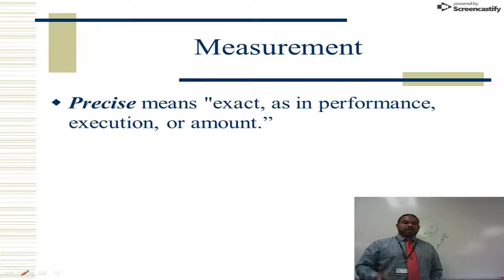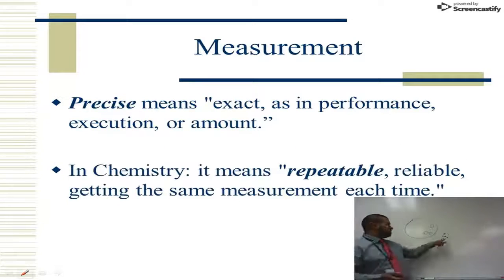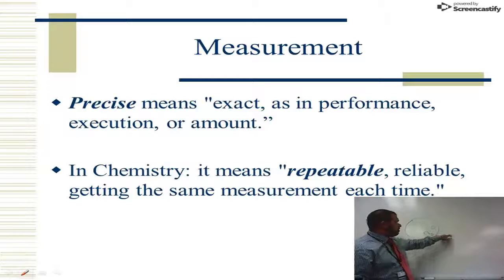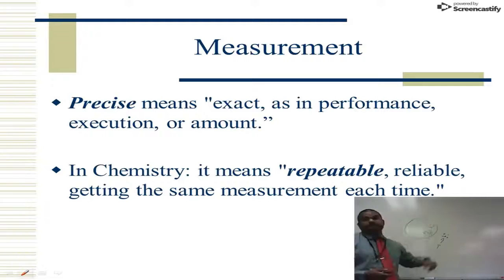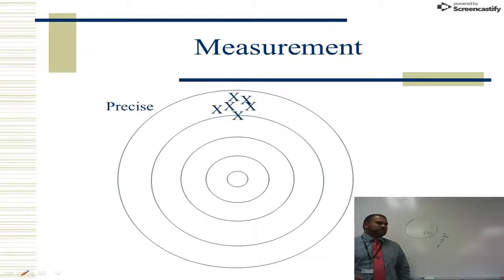It's a fancy way of saying it happens the same way every time. That's what precision is. So, repeatable. This one is more precise because we're very close together, even though this one is accurate because we're within the target. Not as precise because we're more spread out.